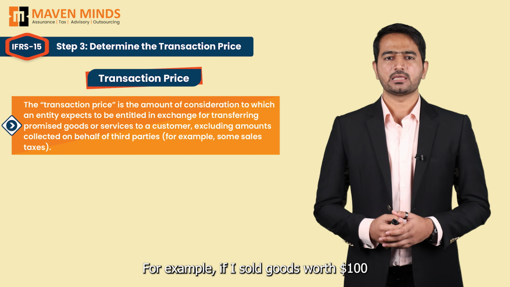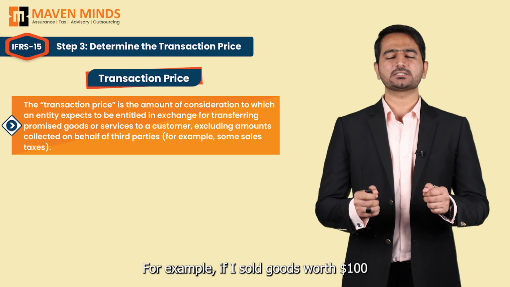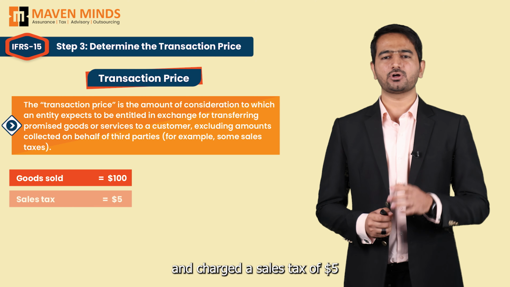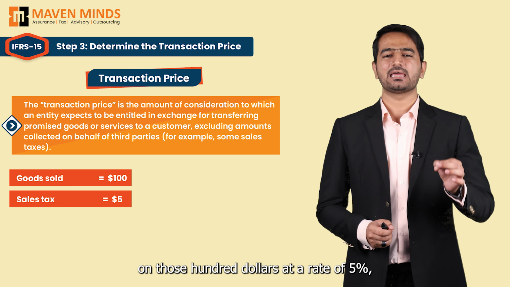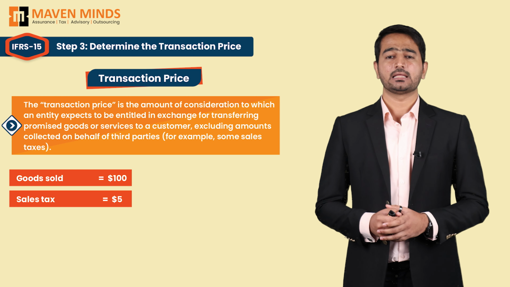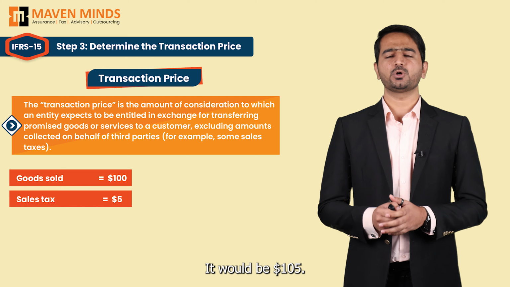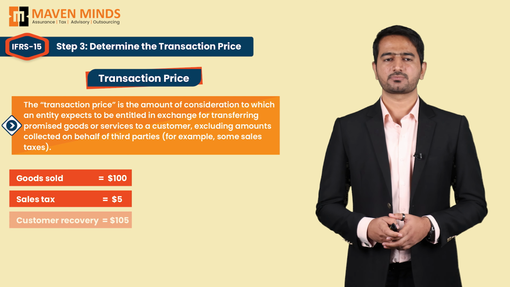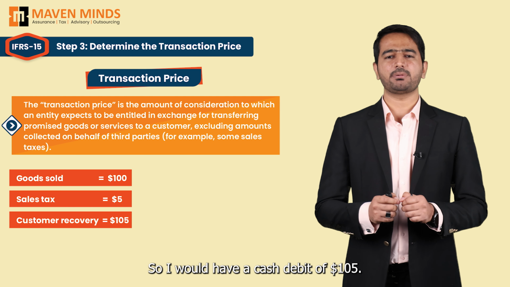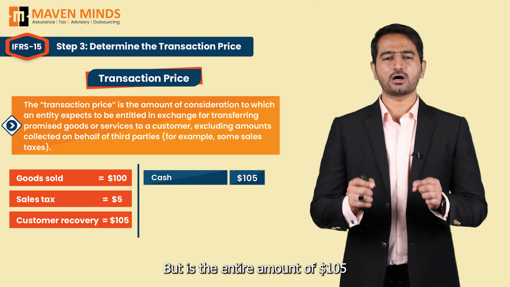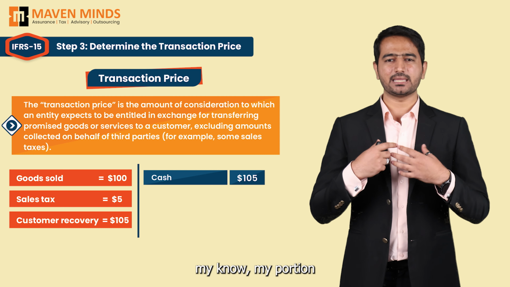For example, if I sold goods worth $100 and charged a sales tax of $5 on those $100 at the rate of 5%, then how much amount did I recover from the customer? It would be $105. So I would have a cash debit of $105. But is the entire amount of $105 mine?